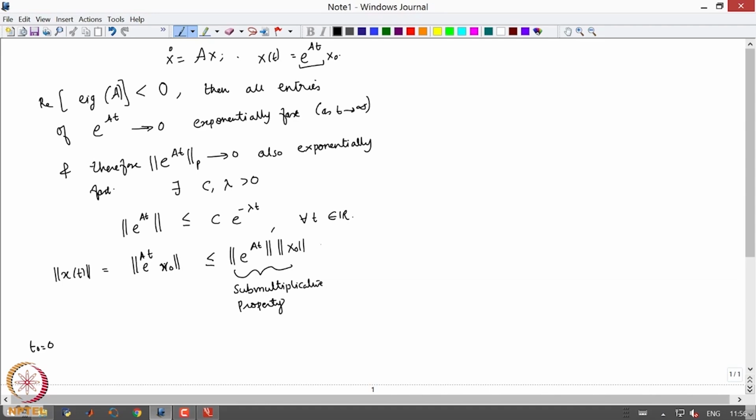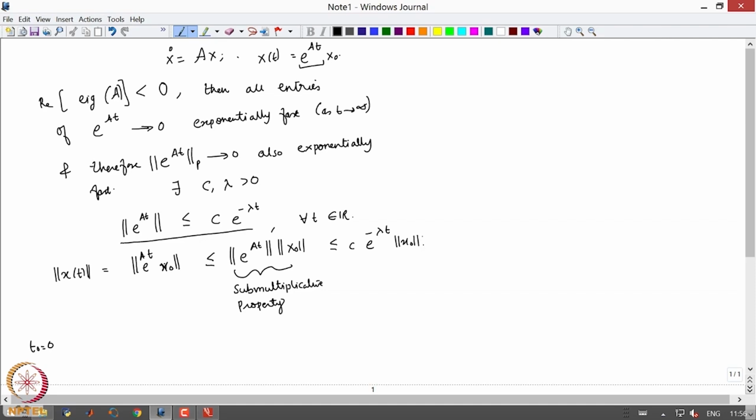And now with this expression I know that this is at most c e power minus lambda t times the norm of x0.